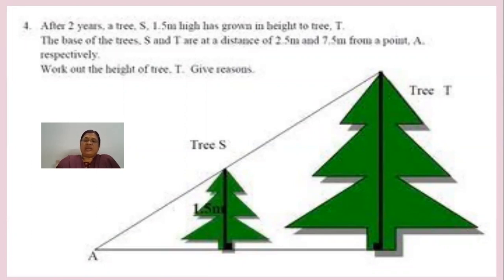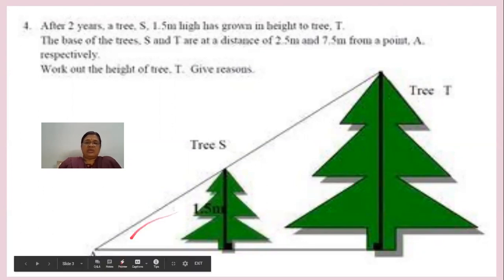So how can we define similarity? If the angles are the same and the sides are proportional, then we can say both are similar to each other. Look here, this angle formed here and this angle are the same.